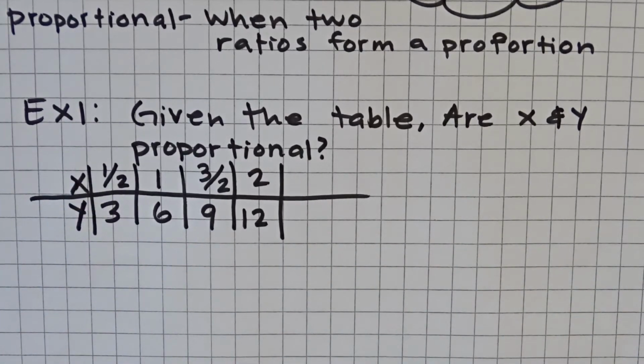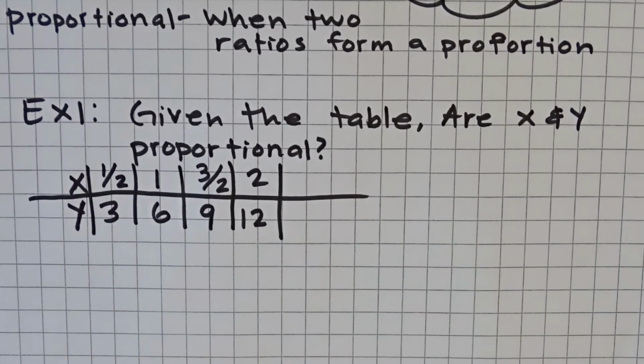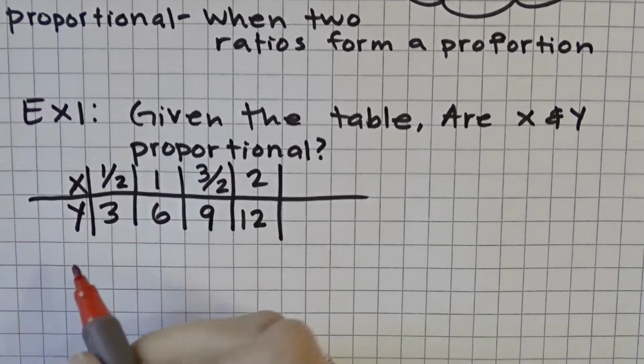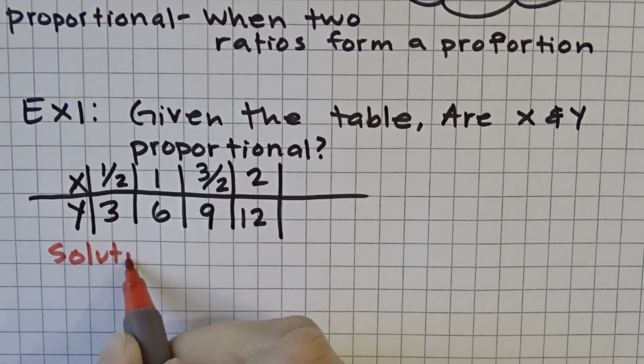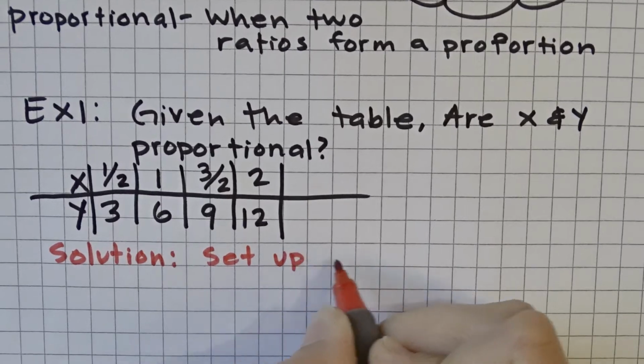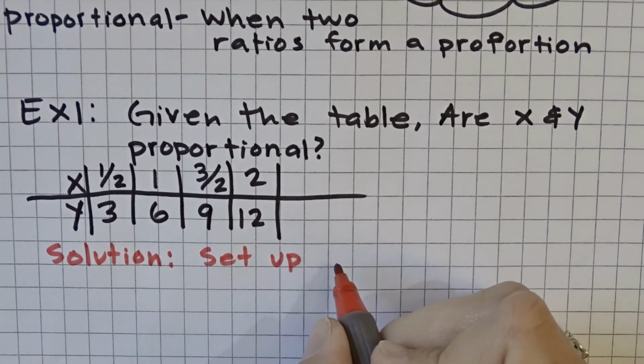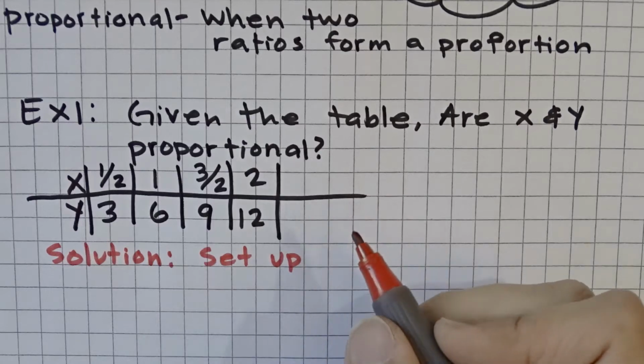Well, the solution would be to set up proportions. We can't say they're proportions because we don't know yet.